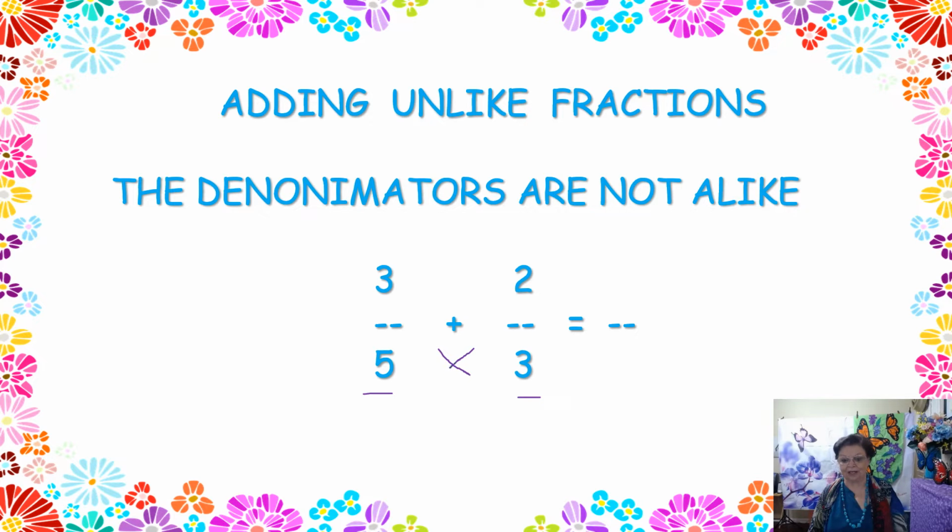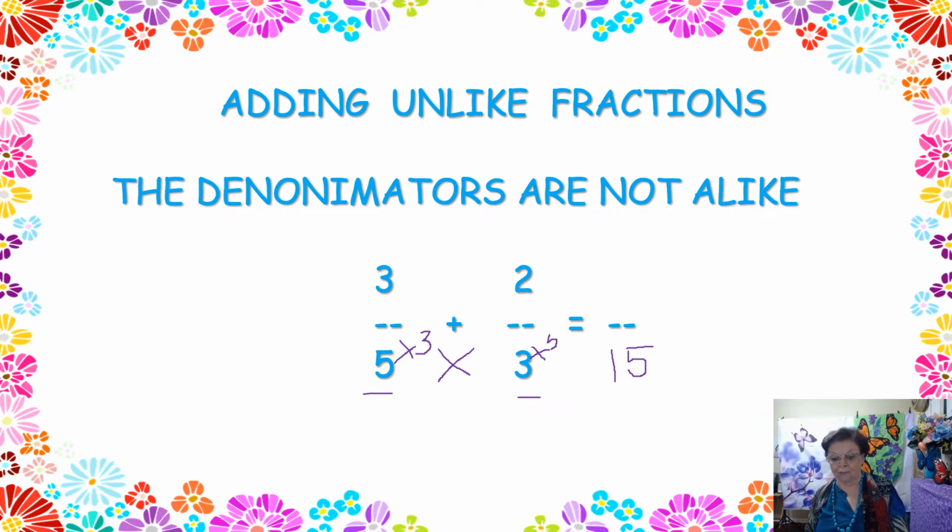We're going to multiply the denominators. 5 times 3 is 15. Now, watch this. Whatever you do to the bottom, you have to do to the top. We multiply this denominator by this denominator, so we did 5 times 3, and we took the 3 and we multiplied it by 5.